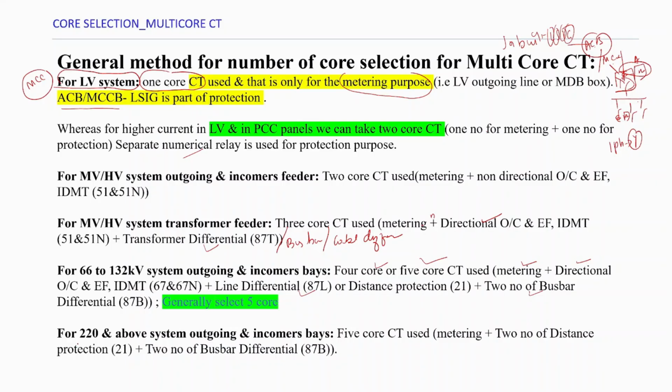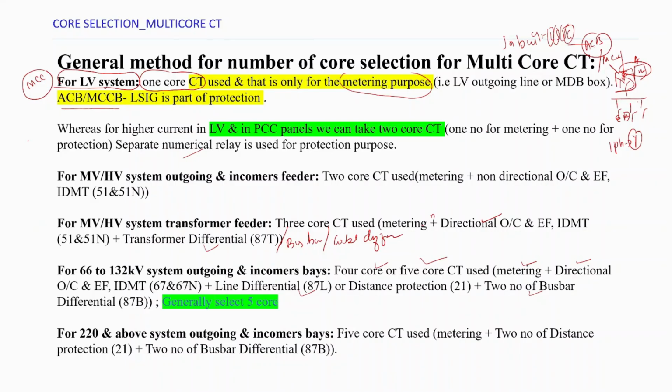Then again, when you go to 220 kV and above, we use 5 core CTs: metering, distance, overcurrent earth fault, and differential protections. So this is how, when you go from low voltage to medium voltages, I keep on increasing the protection requirement. That is how we require these CTs and protection from one voltage to another.